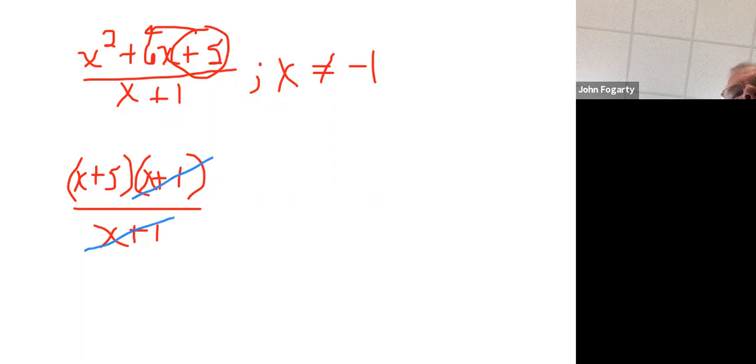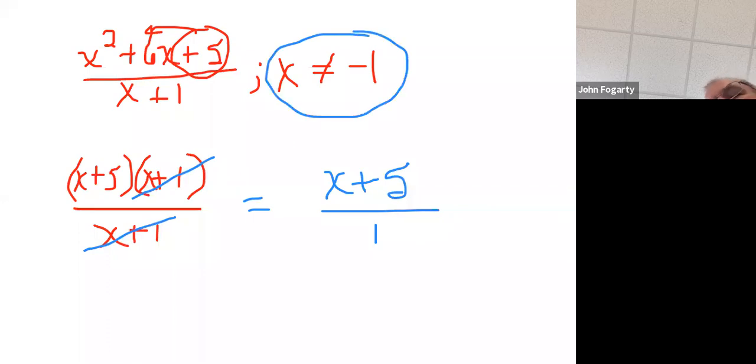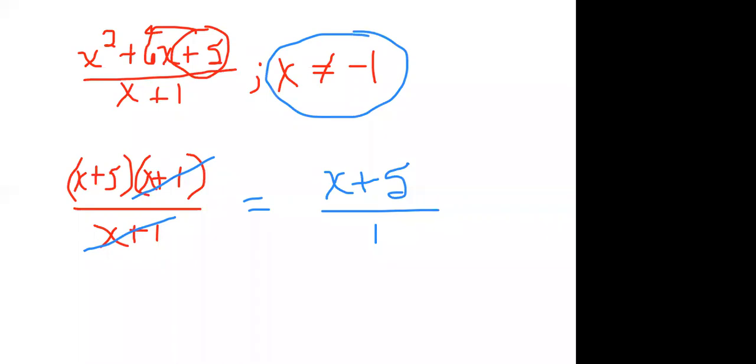And what am I left with? x plus 5. Does that make sense? See now, if you actually simplified it first, there would be no numbers excluded from your domain. And then you would have a real big problem. Does that make sense? Yes or no? All right, so that's the first 4.